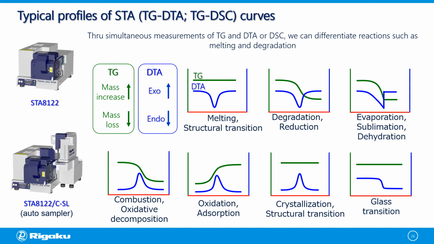On the other hand, the DTA curve is shown by the blue curve, which can be described as a negative peak revealing an endothermic reaction, or a positive peak indicating an exothermic reaction. By combining both TG and DTA, or DSC, we can estimate the kind of reactions in a material on a given measurement condition.